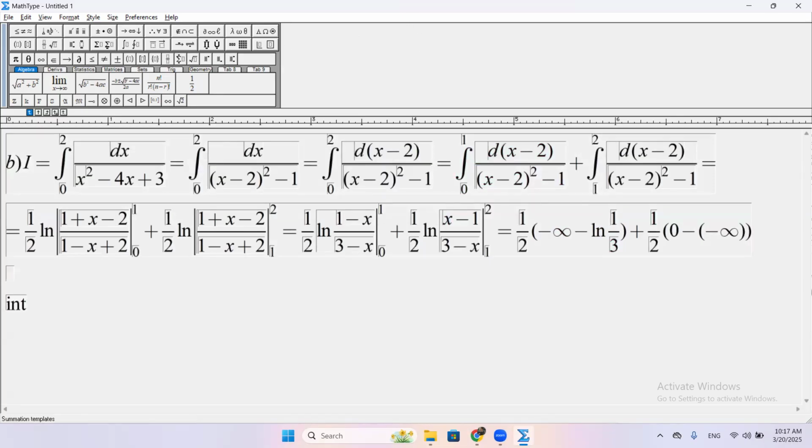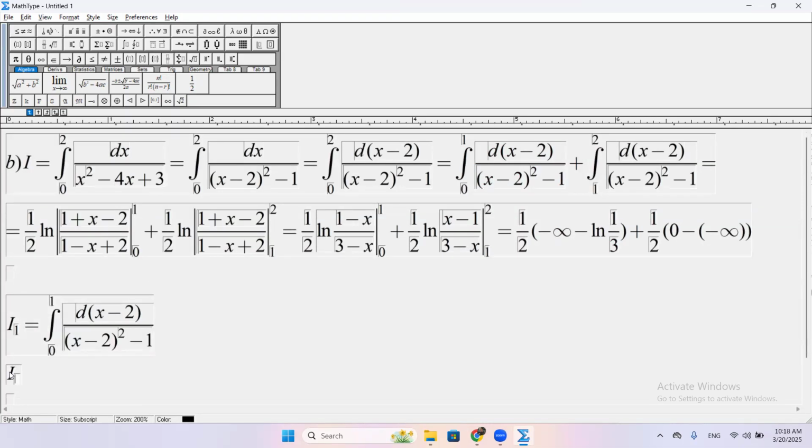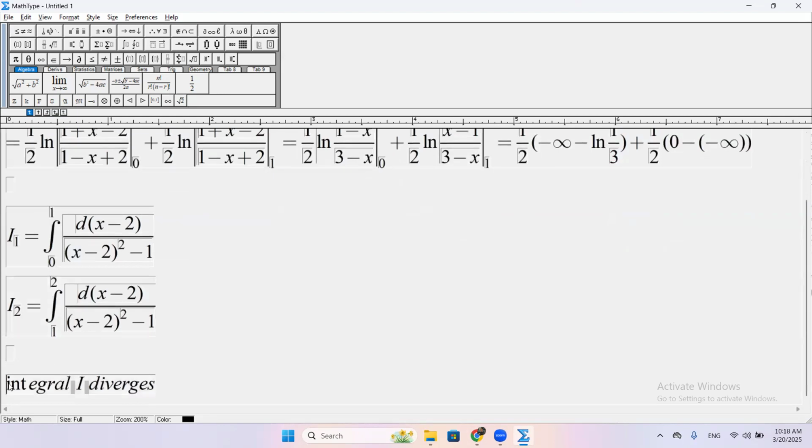So let's write: integral I diverges. By the way, I1 equals this, and I2 equals this integral. So both of them diverge.